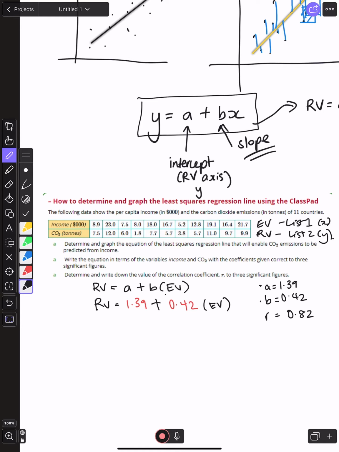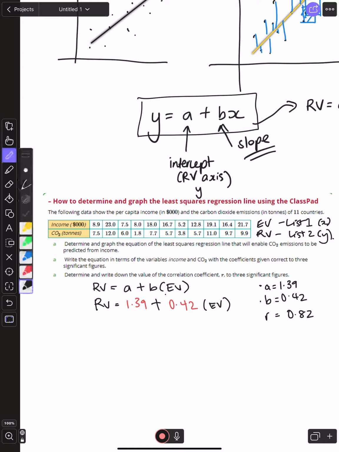So I want to change the RV in my equation to the RV here. So whatever you put in list 2 will go here, and whatever you put in list 1 is written here. So it's like giving a mathematical sentence that you're explaining this equation by.